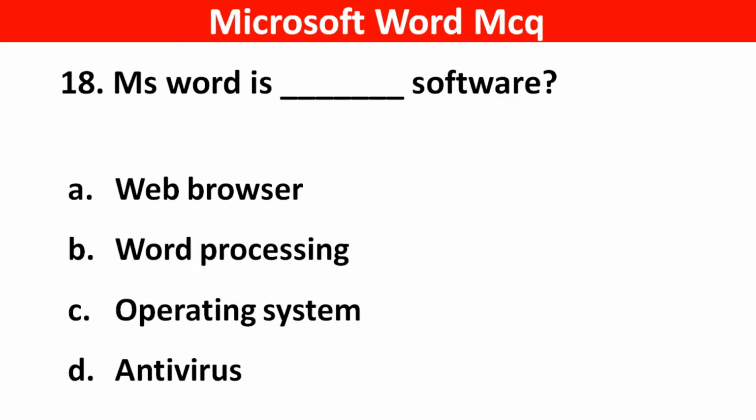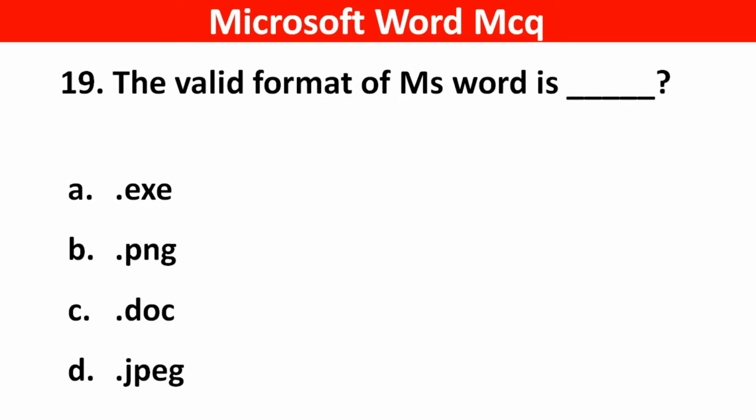Next question, MS Word is a dash dash software. Right answer is option B, word processing. Next question, the valid format of MS Word is dash dash. Right answer is option C, .docx.